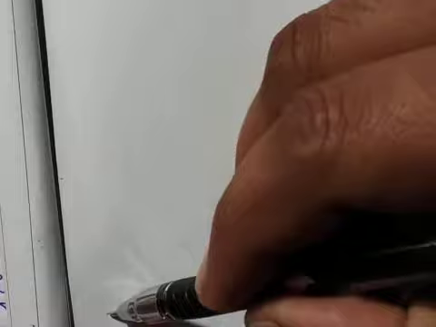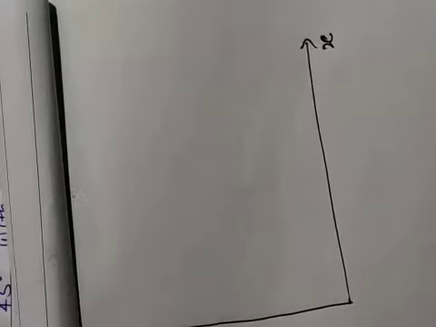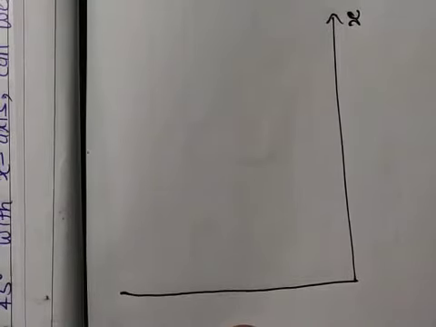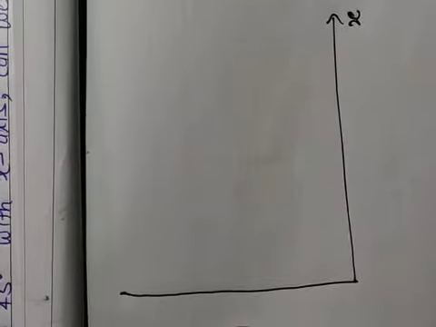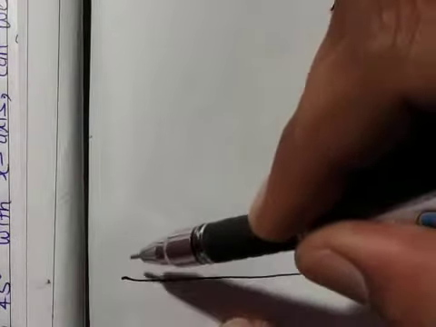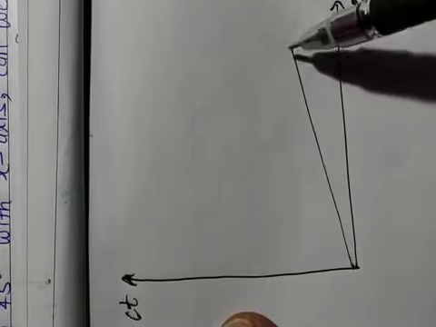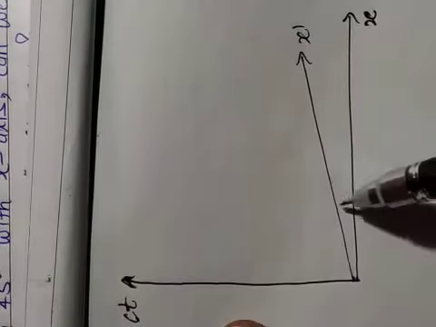This is my representative x-axis, and this is my CT axis. And this is the line I call the x prime line, and this angle is theta.